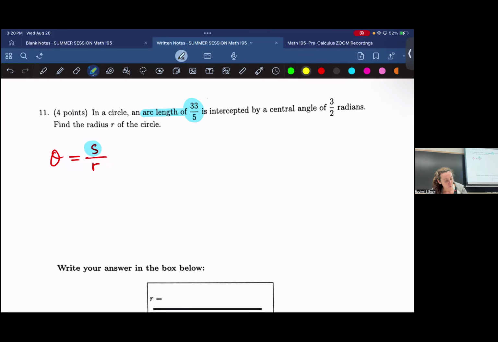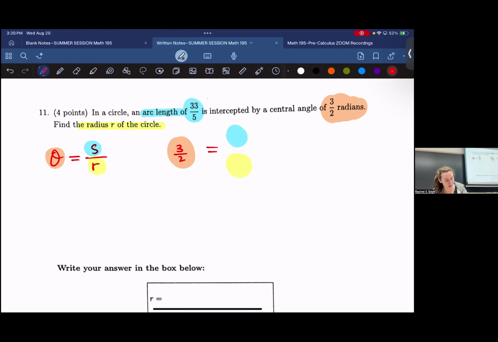And what you really need to remember for these types of questions is the fact that your theta needs to be in radians every single time.